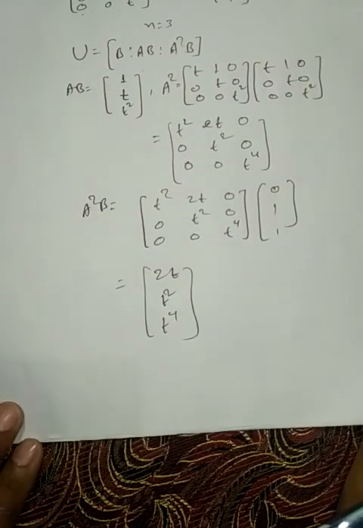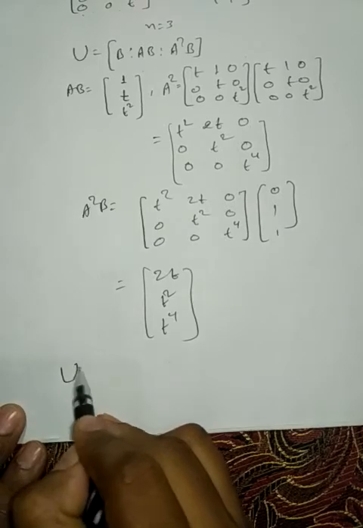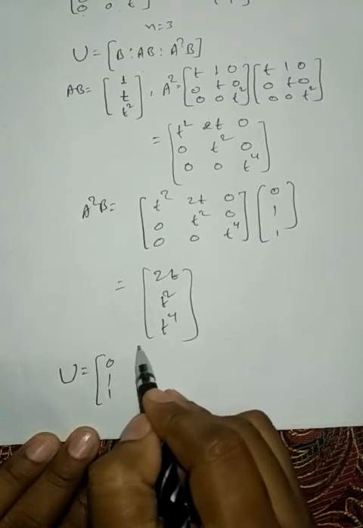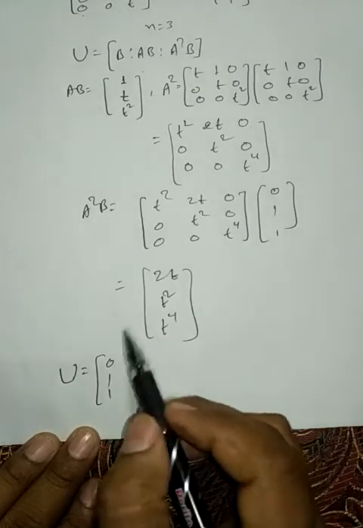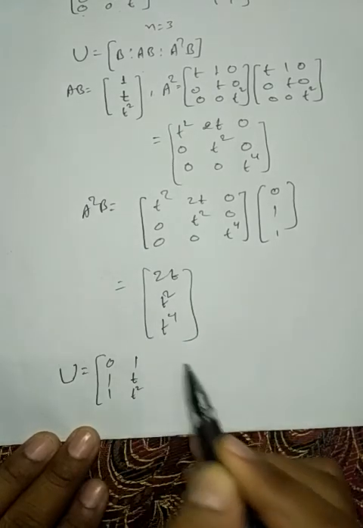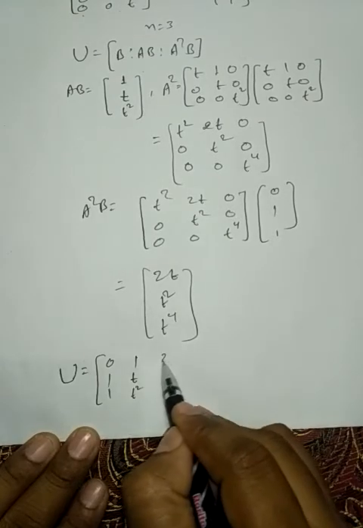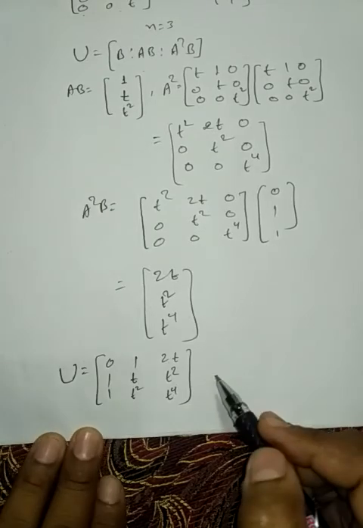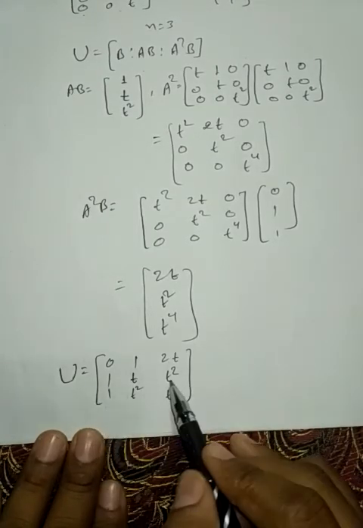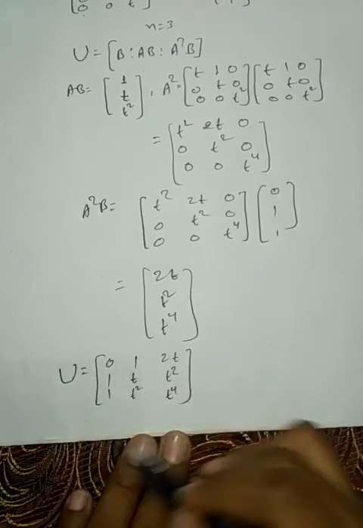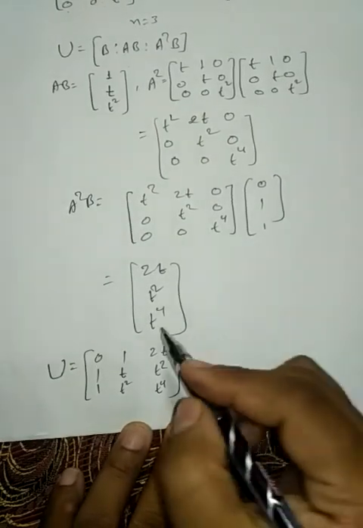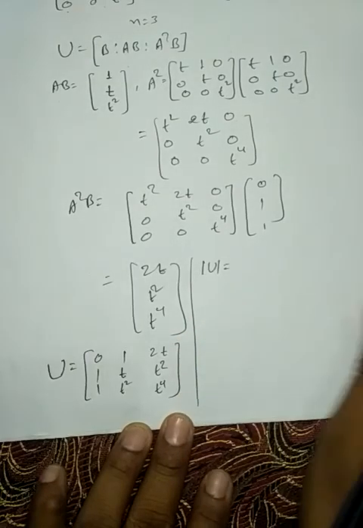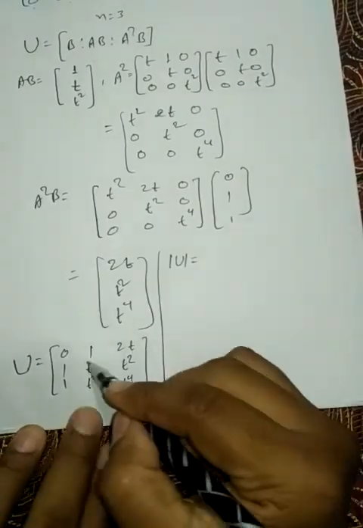And now U matrix will be [0 1 2T; 1 T T square; 1 T square T raised to 4], with B, AB, and A square B as the columns, right? And now, since it is a square matrix, we will check it using the determinant of U. What is the determinant of U?